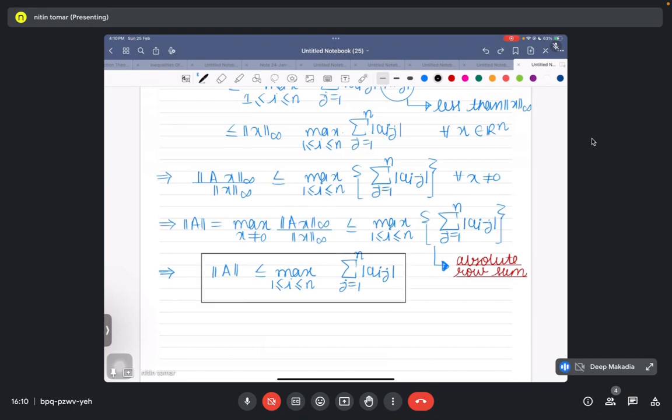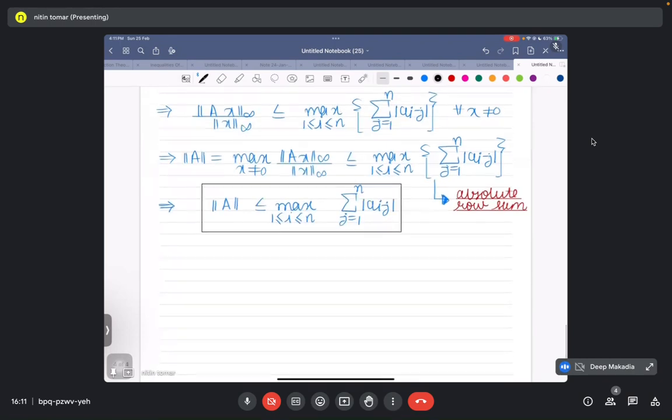My question is, but still it is an inequality, right? If I show that for some x, can they be equal? This is my question. Do you get my point? In fact, they will be equal. This is the claim.